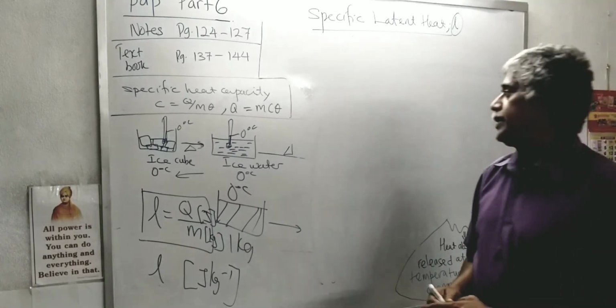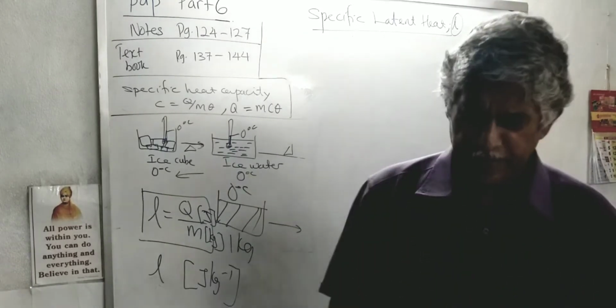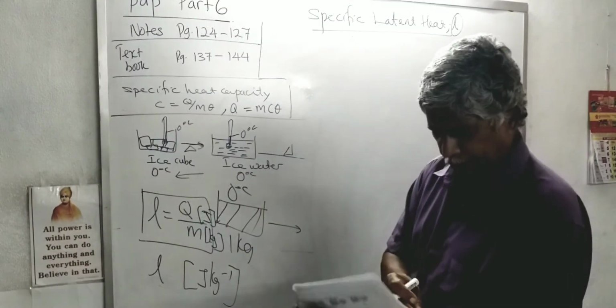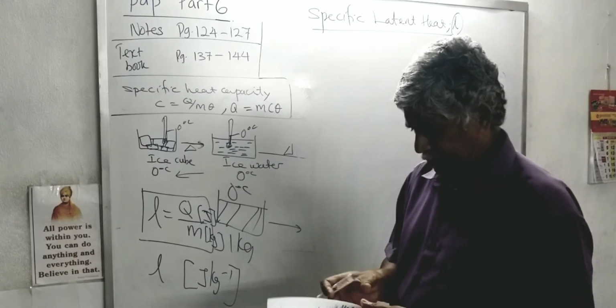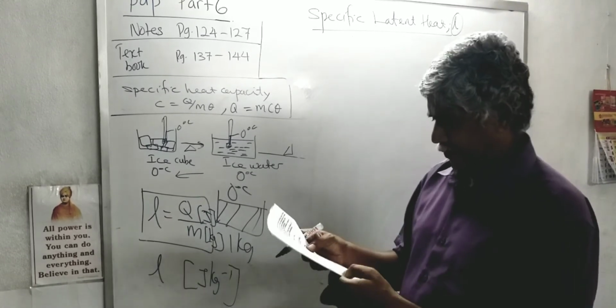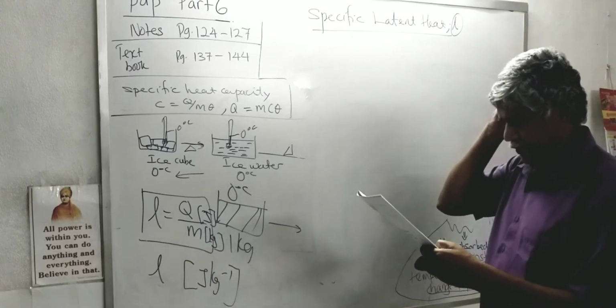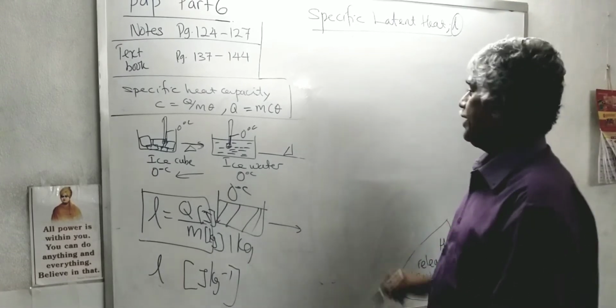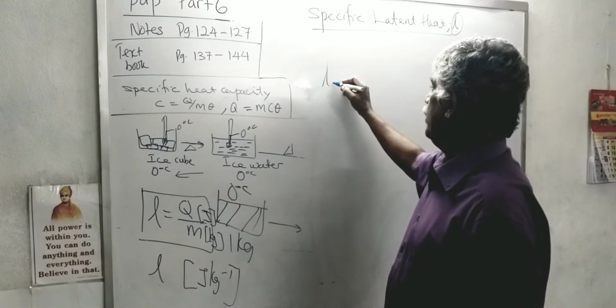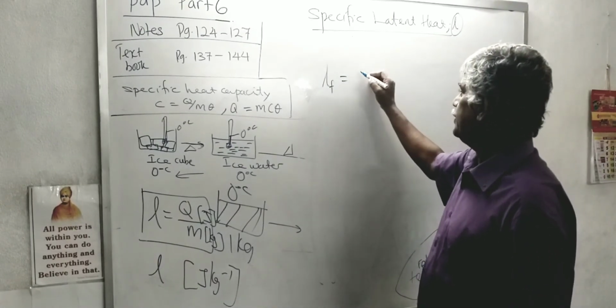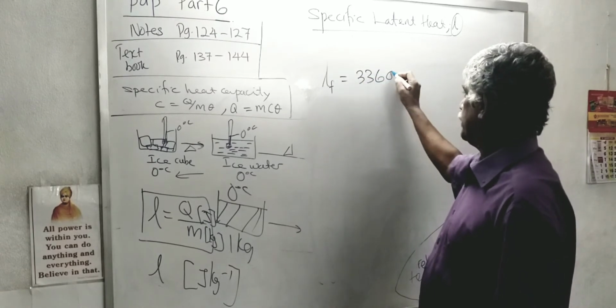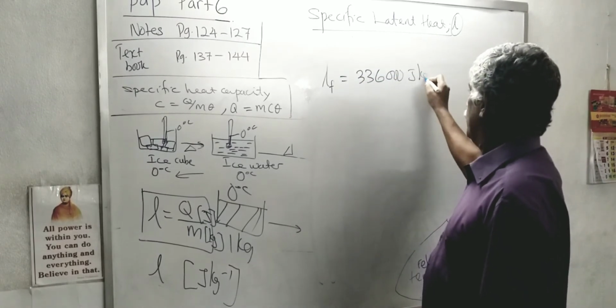So let us give a specific value. Latent heat of fusion, I put LF, for water is 336,000 joule per kilogram.